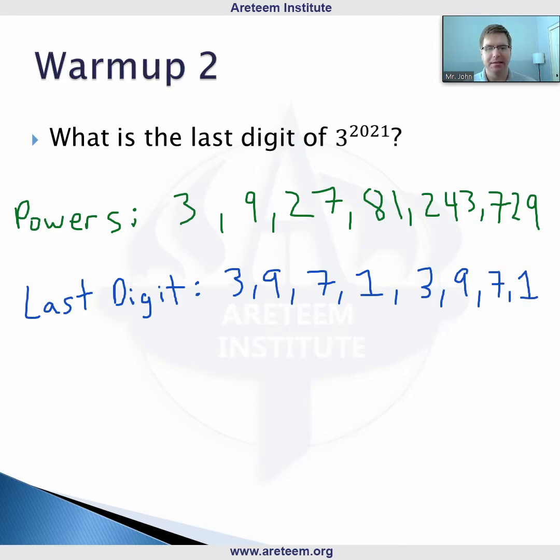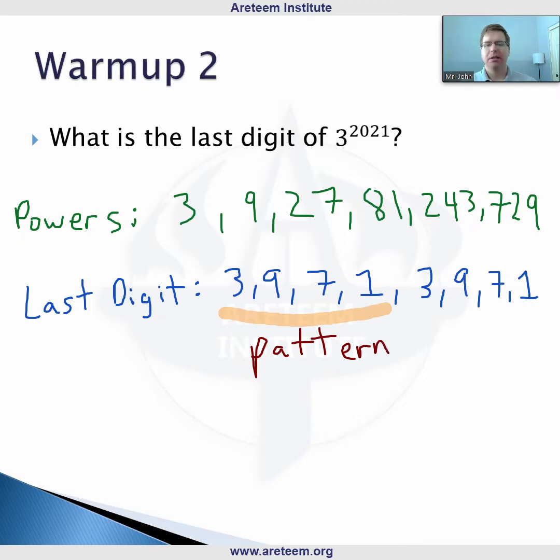For a lot of these last digit problems, which we're going to see expand to other ideas with general remainders, you want to just be looking for the pattern. So this pattern repeats every 4 terms in this case.